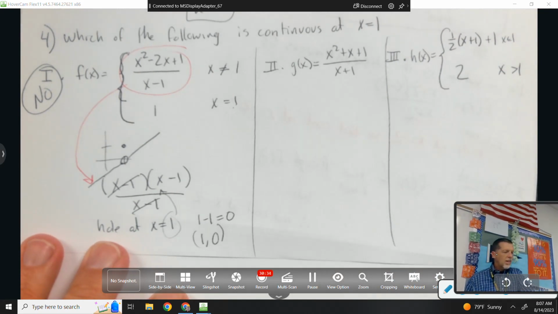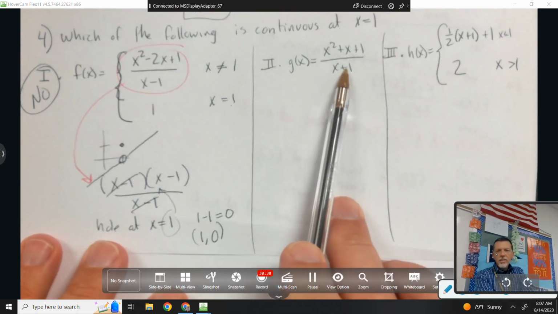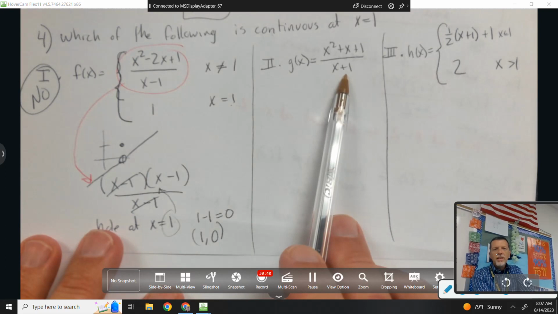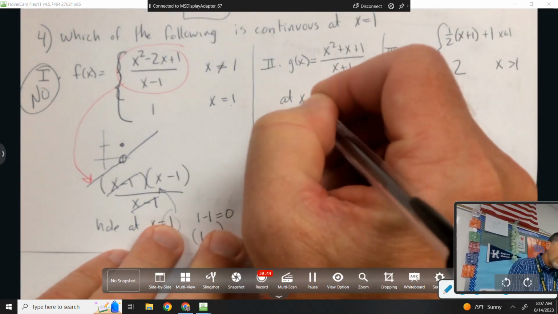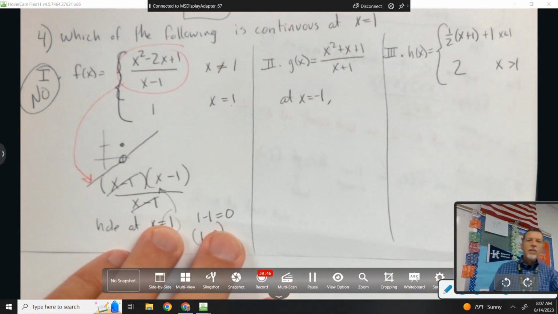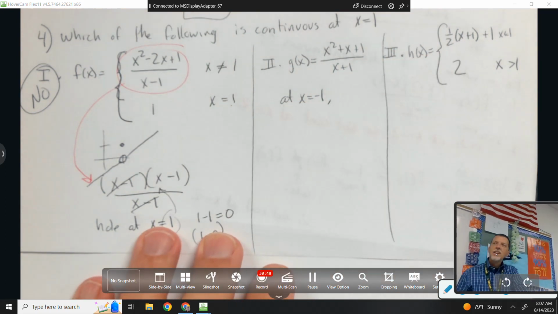Okay. Roman numeral 2. The top doesn't factor, so I don't have to worry about that. This is a pre-cal question: what's going on at x equals negative 1? What's happening? Factors at the bottom that don't cancel? What does that mean for the graph?